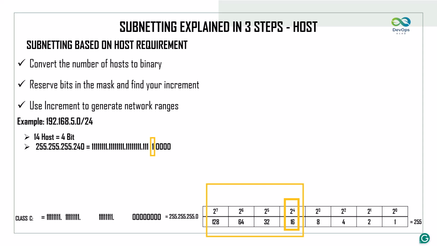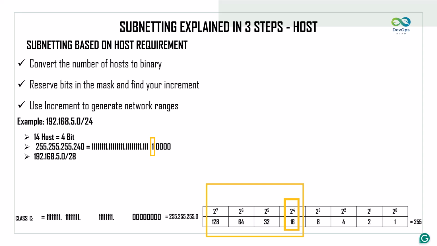Now that will be the slash annotation. But for the subnet mask, that will be 240. Because if you had all the numbers together, 128 plus 64 plus 32 plus 16, that will give you 240. So the new subnet mask is going to be 240, and the new slash annotation will be /28.